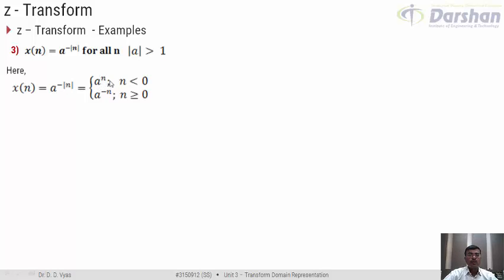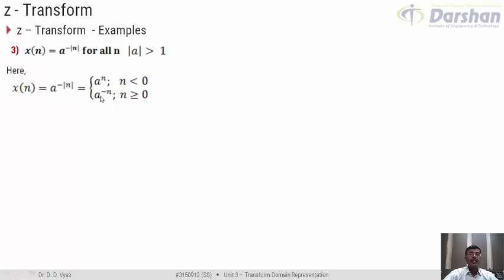Now, if I remove mod and n is negative, I can simply write it as a raised to power n, because if n is minus 2, this would give me a raised to power minus 2. Similarly, if n is positive, then in any case the mod is not required. However, the minus sign should stay.